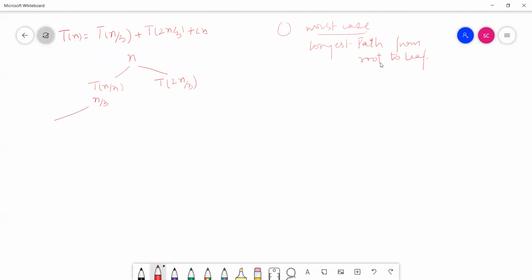After that, one problem I will get T(n/9) and the other problem I will get 2n upon 9. Similarly here, one problem I will get 2n upon 9 and one problem I will get 4n upon 9.